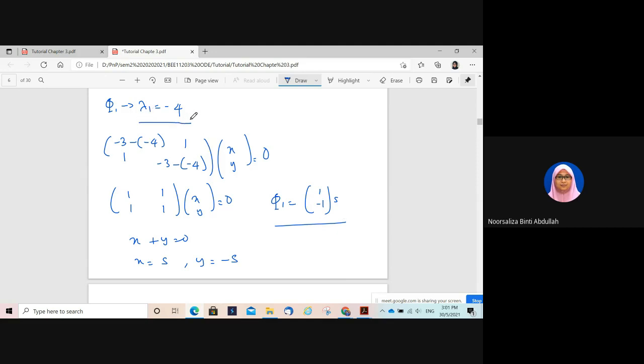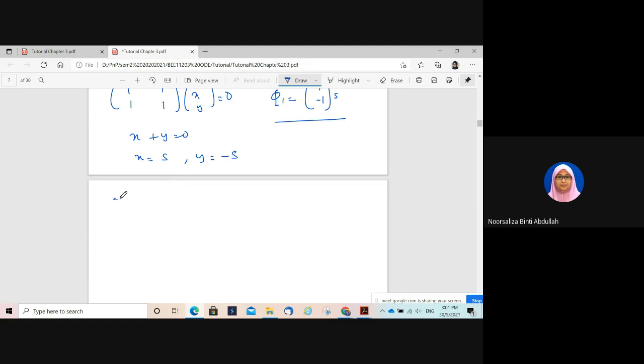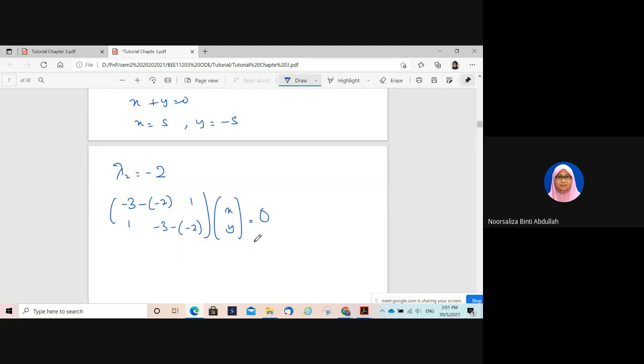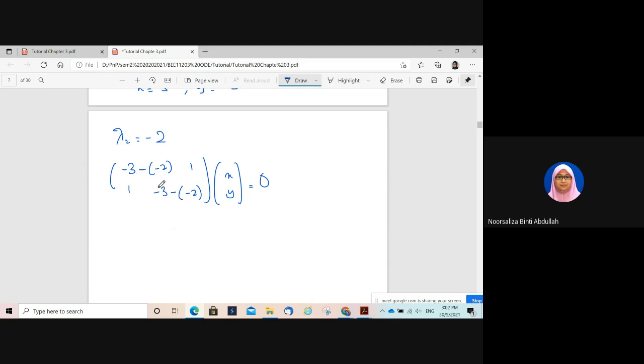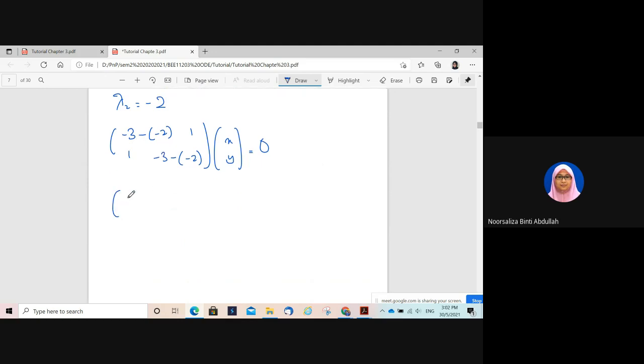Now we move to lambda 2. Lambda 2 equals to minus 2. So you have minus 3 minus minus 2, 1, 1, minus 3 minus minus 2, x, y equals to 0. Then minus 3 plus 2 is minus 1, 1, 1, minus 1, x, y equals to 0.